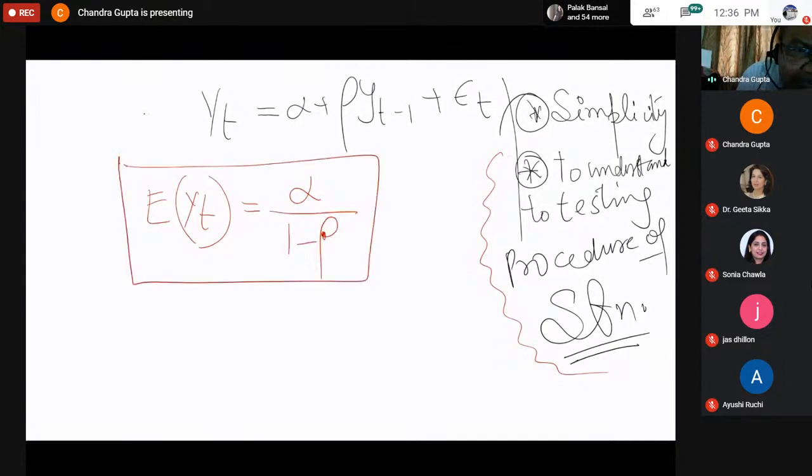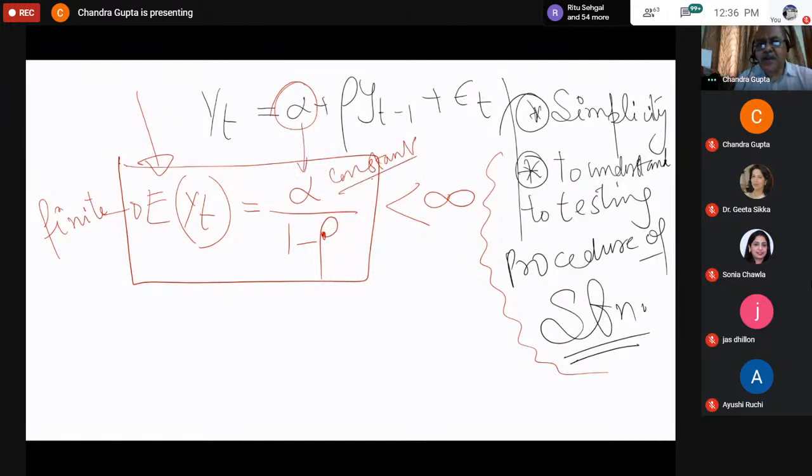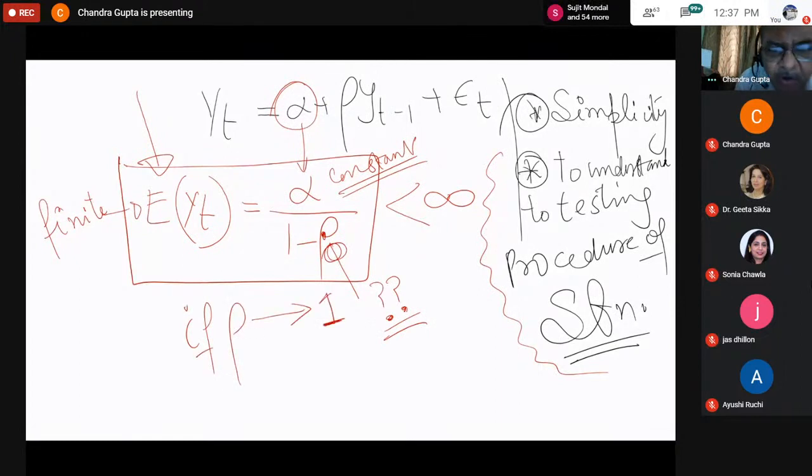Friends, to have a stationary series, the mean should be constant and finite. It should be less than infinity. Alpha is constant, and therefore because of alpha, you will never get infinity. But you have to take care of rho. If rho is tending towards 1, what will happen?